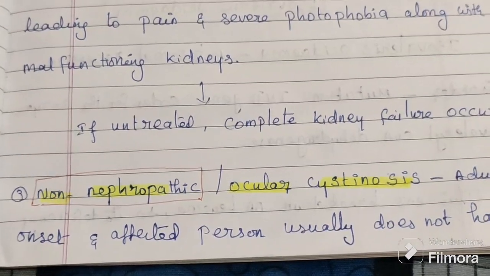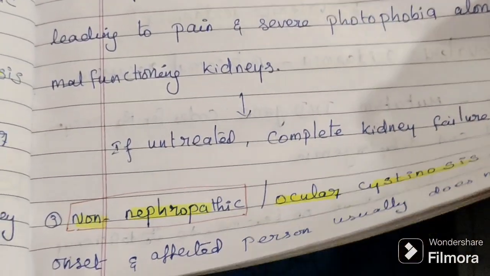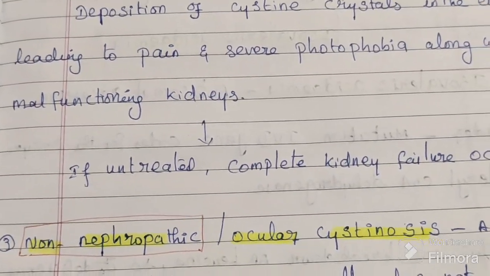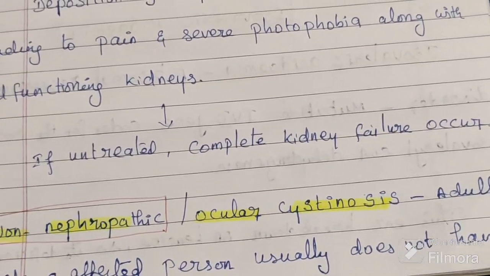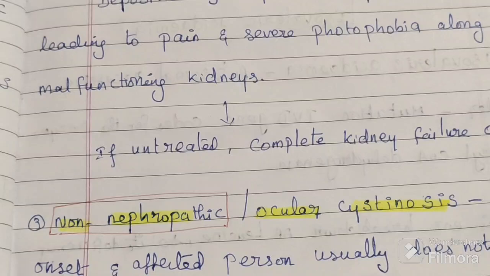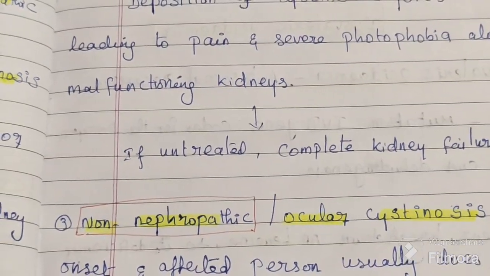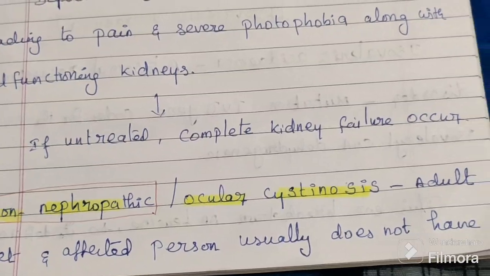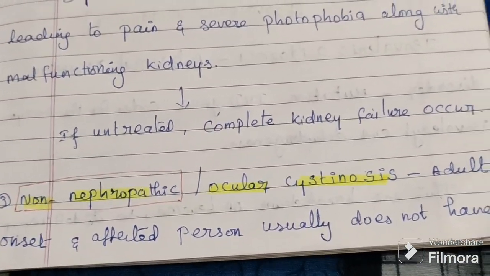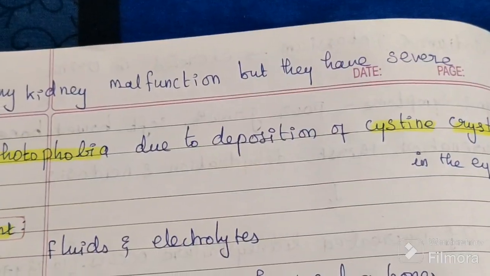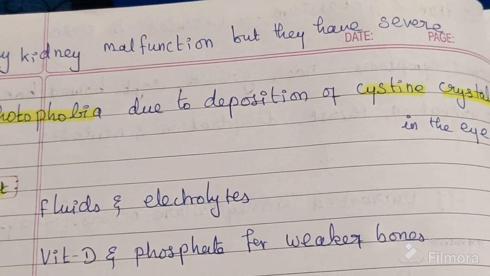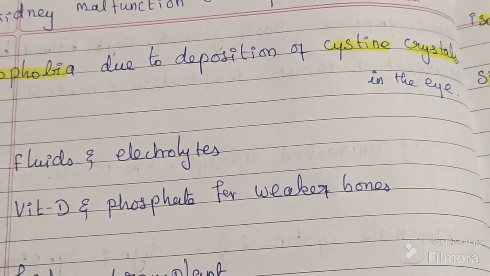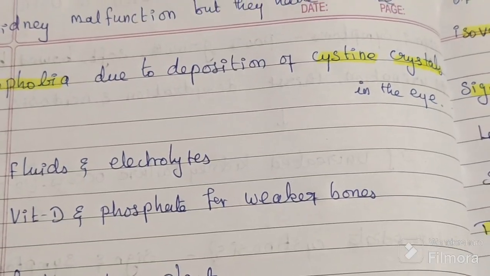Third condition, non-nephropathic or ocular cystinosis. It is adult onset and the affected person usually does not have any kidney malfunction, but they have severe photophobia due to deposition of cystine crystals in the eye.